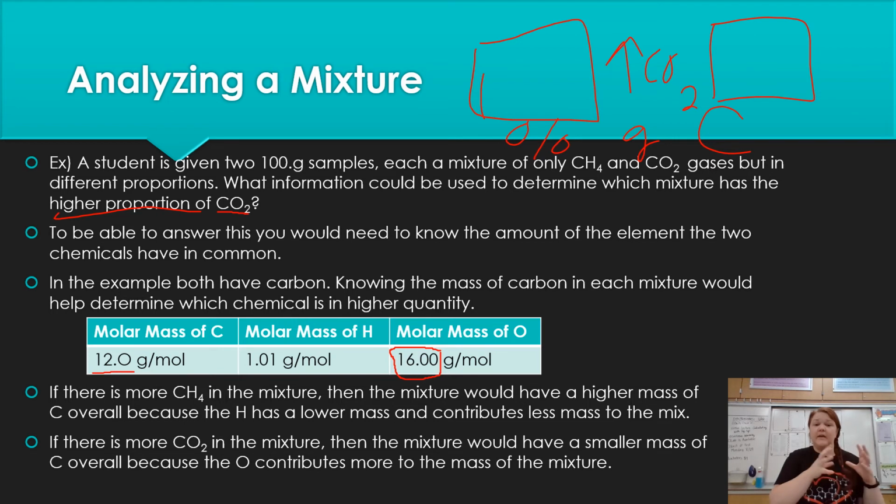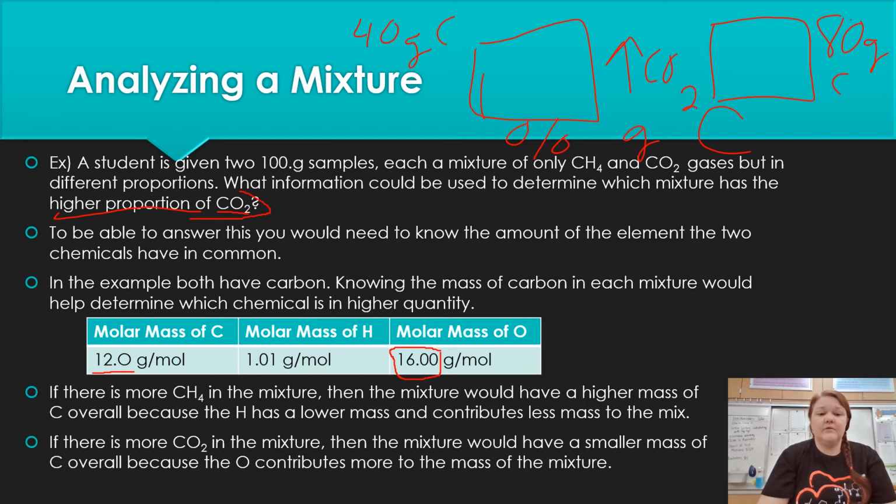Okay, so if we looked at these mixtures, and this one had, I don't know, 40 grams of carbon, and this one had 80 grams of carbon, the one with more CO2 would be the one with less carbon, because that oxygen is contributing so much mass to the mixture.